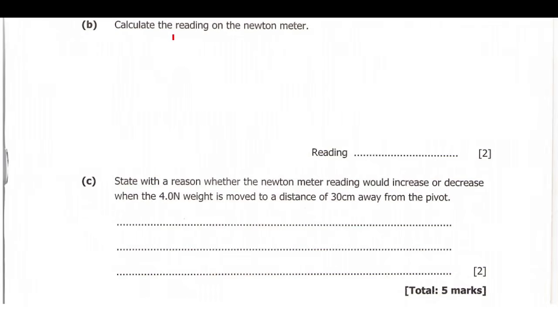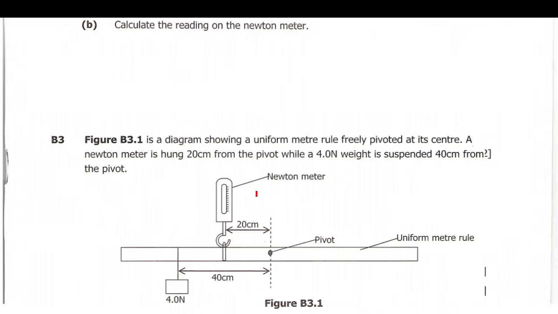B says calculate the reading on the Newton meter. So since the Newton meter is hung here, it has a force that is trying to pull this meter rule in a clockwise direction, giving it a clockwise moment, or rotation.